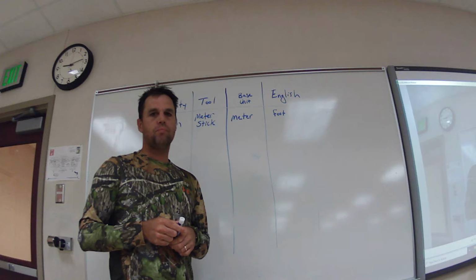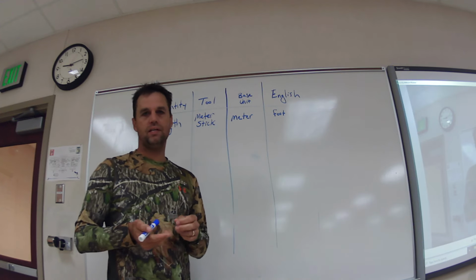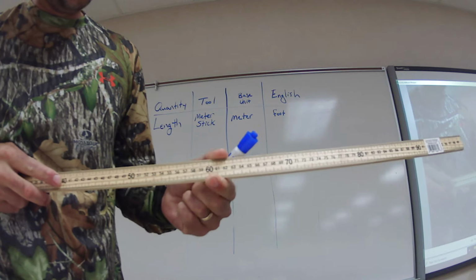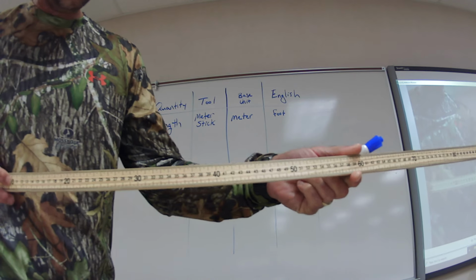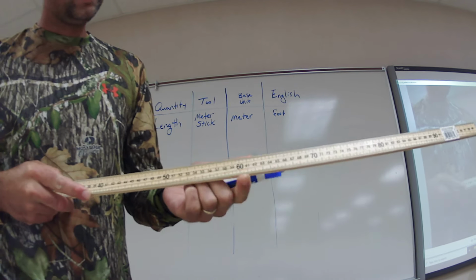But what I like to do is if I want to measure in inches or feet, I'll use a regular ruler. And if I want to measure in meters, I will use a meter stick. So here's a meter stick right here. If you look at the meter stick, you can see that it's got 100 numbers on there. Those are centimeters. Cent means 1/100th, like a cent is 100th of a dollar. Centimeters are the numbers, right?